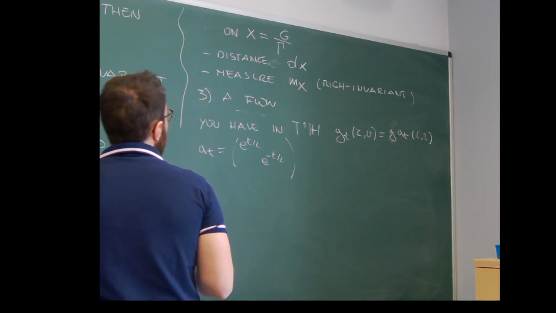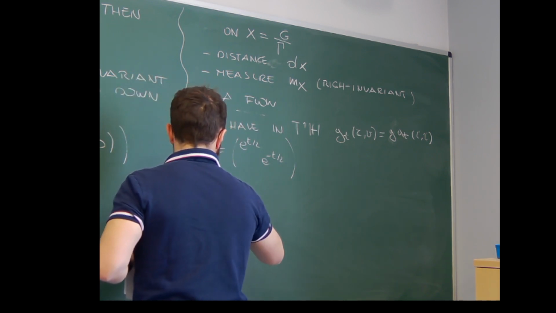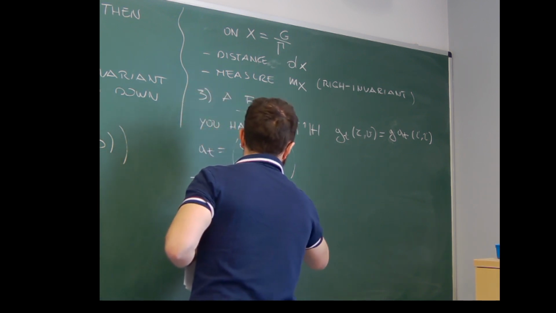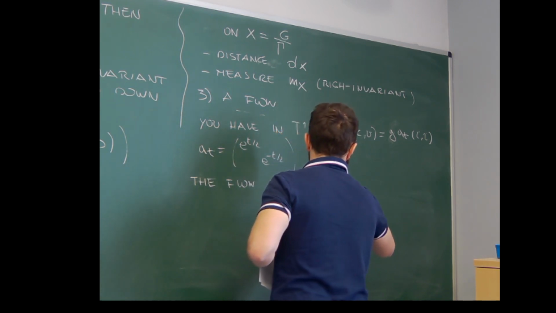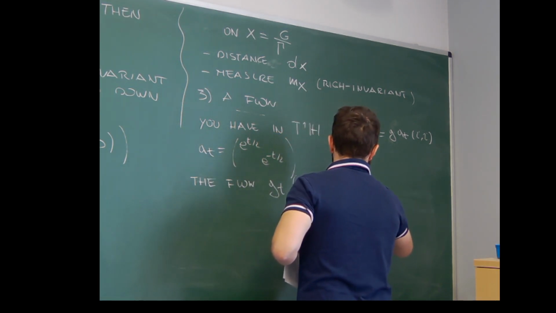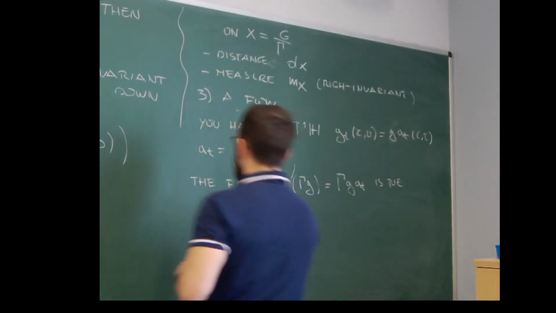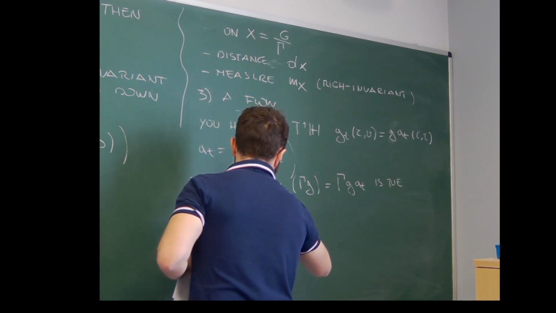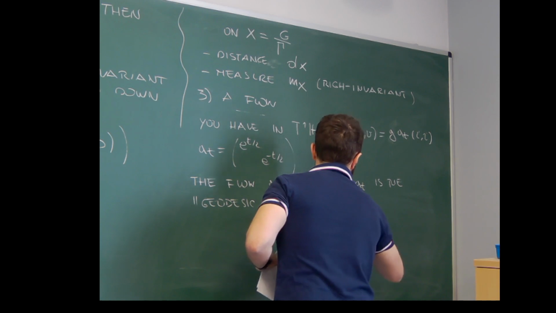And now push down, so the flow g_t of gamma g, defined as gamma g a_t, is the quote-unquote geodesic flow on G mod gamma.